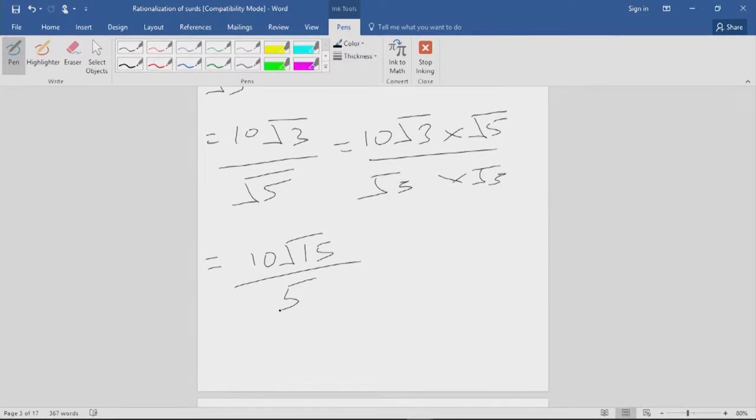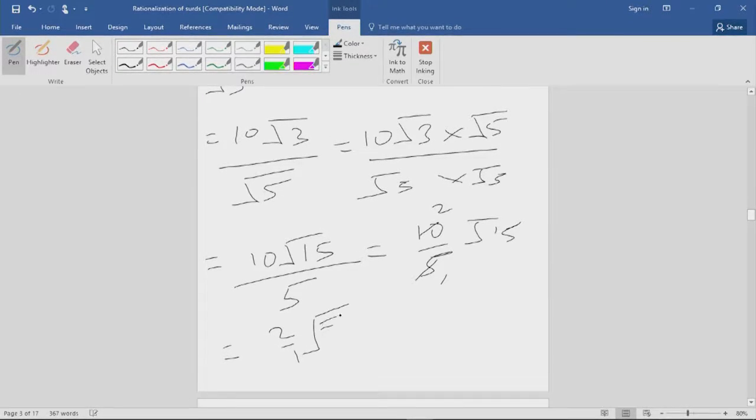So this ends up giving us 10 upon 5 root 15, but our 5 here is common. 5 can enter into 10 2 times, so 2 times 5 gives us 10, and that is 2 upon 1 root 15. 2 upon 1 root 15 is the same as 2 root 15.